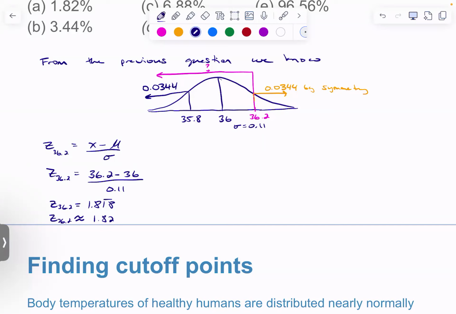So now I have a positive z of 1.82. Using the z table, we find the area to the left of z equal to 1.82.